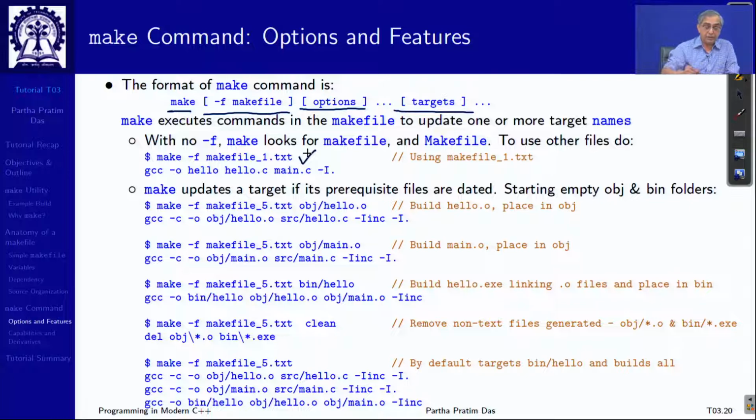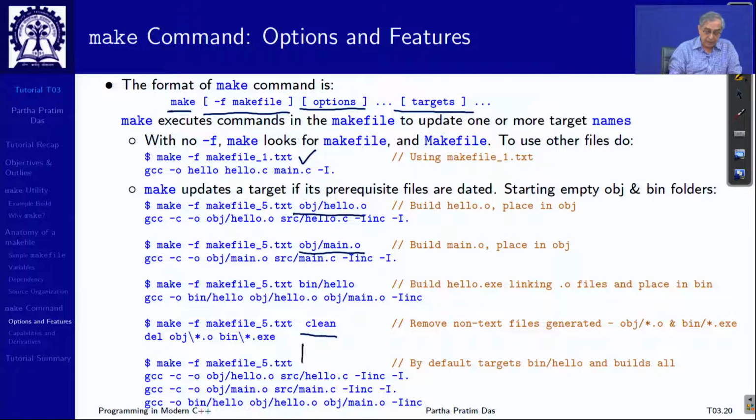If you just do this without giving anything, it will do the basic routine stuff. Otherwise, you can say my target is to build hello.o, or main.o. You can put anything which is on the left hand side in the target, or you say that my target is to do a clean, I want to remove everything.